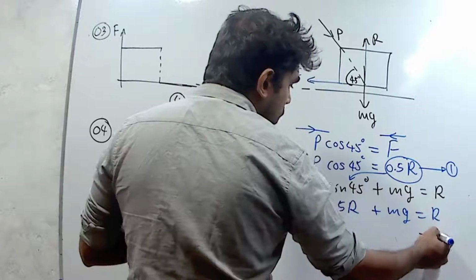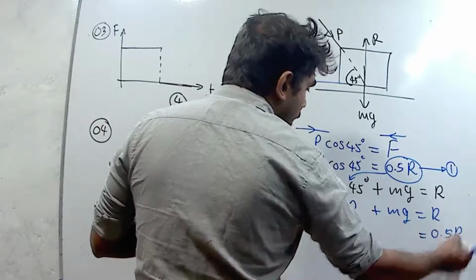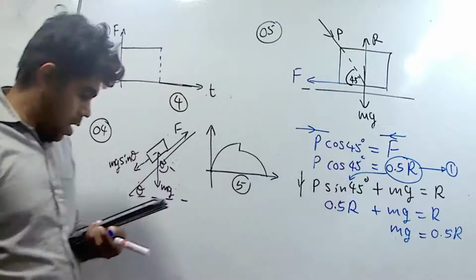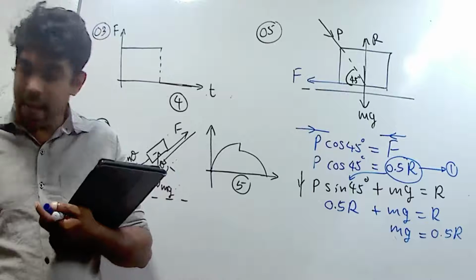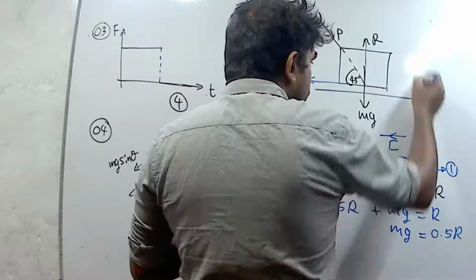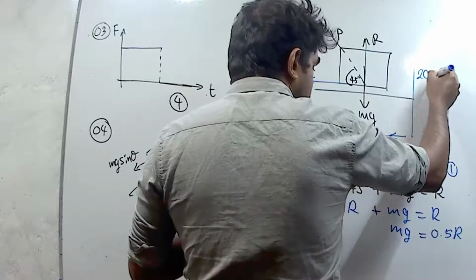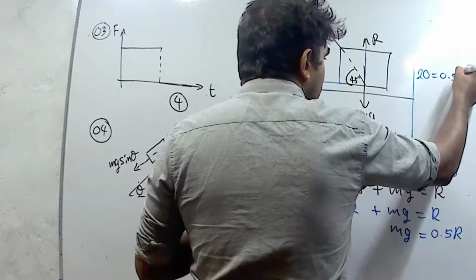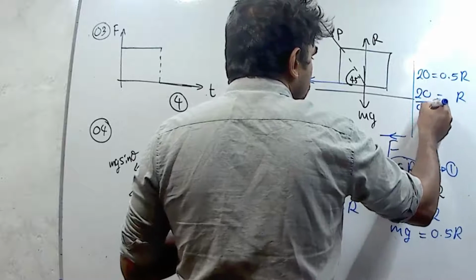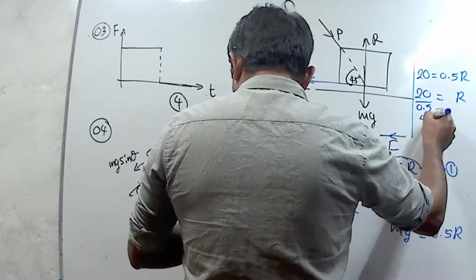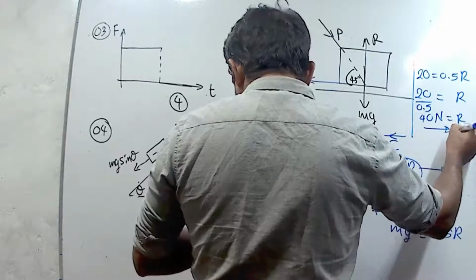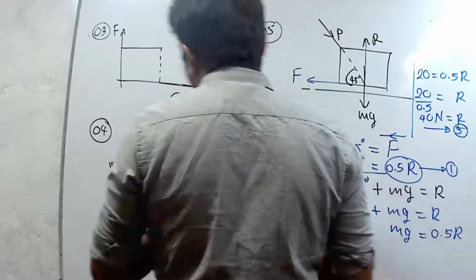R minus 0.5 R, 0.5 R equals mg. Now we can substitute mass. Mass is 2 kilograms. Then mg is 20 Newton. 20 Newton equals 0.5 R. Then finding R, we have to divide 20 by 0.5. 40 Newton. Then the answer is 5 for question number 5.